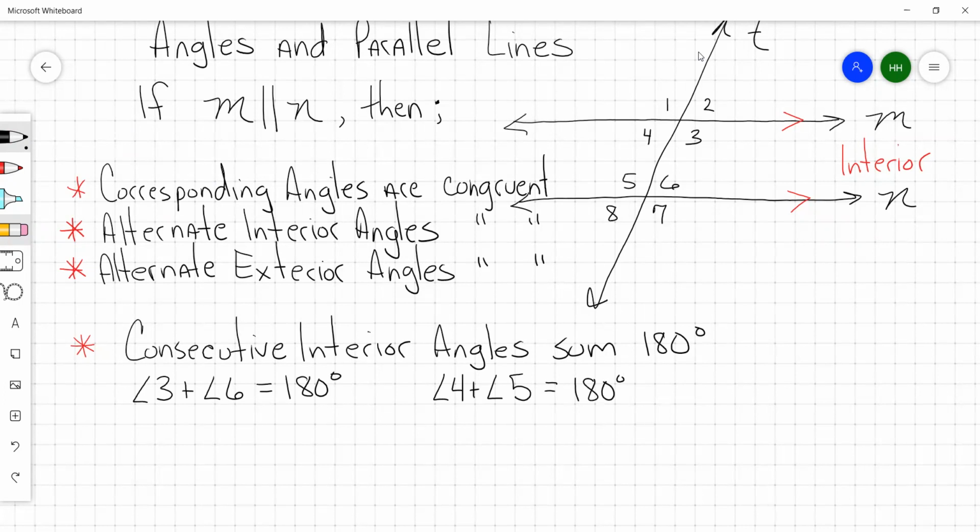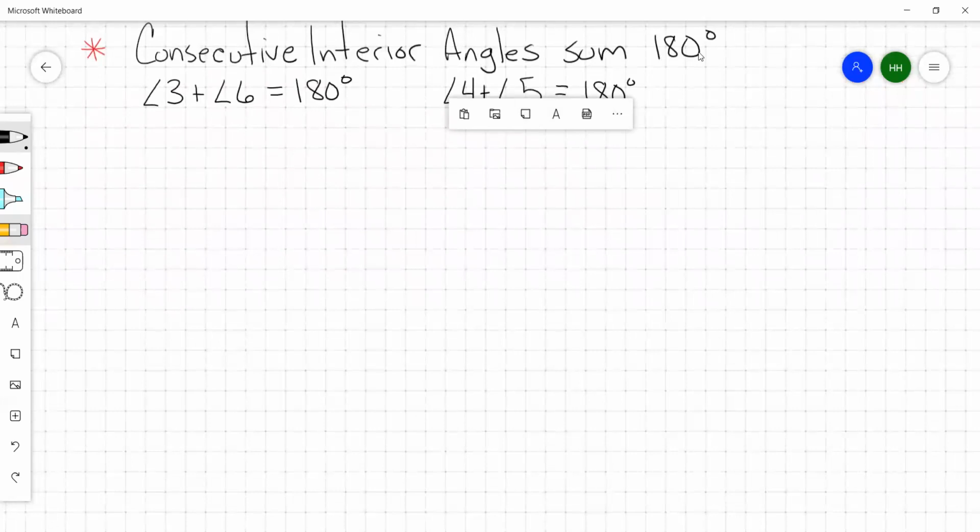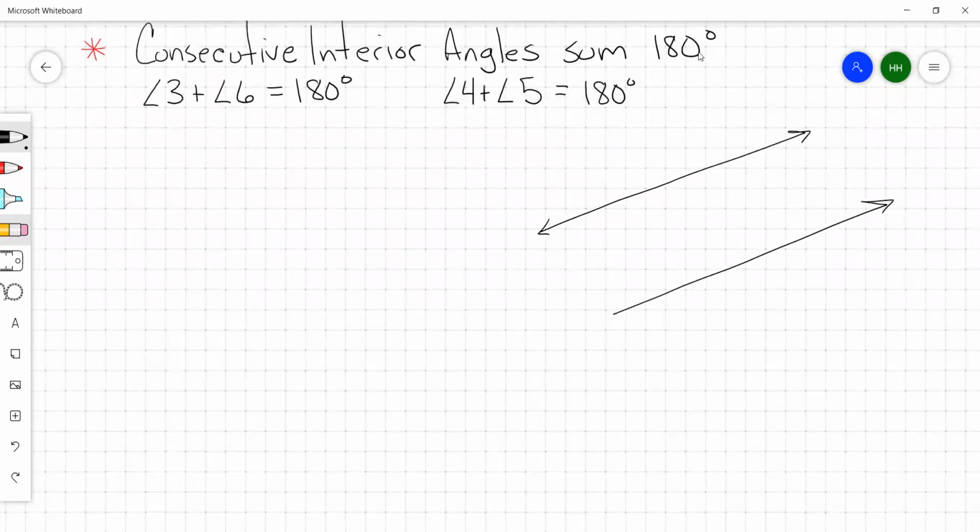All right, so in your work today, you're going to be given some different pictures, and you're going to be asked to use those rules to find the indicated variable. So let's take a picture like this, with a transversal. We're going to say that these lines are parallel to each other.